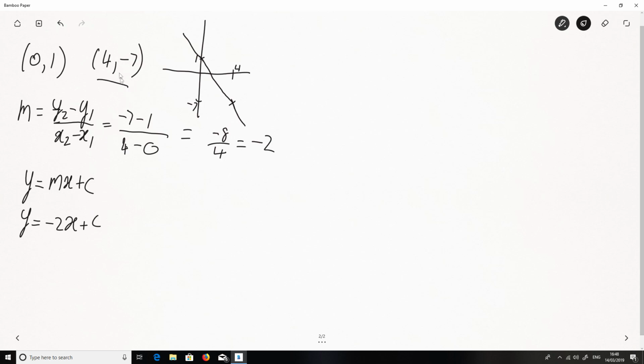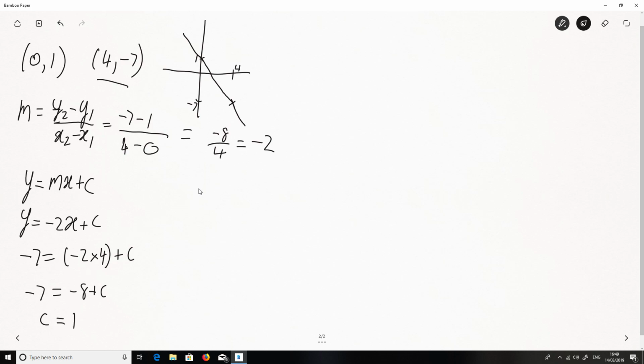So now we'll take this point and substitute it into our equation. So -7 equals -2 times 4 plus c. So -7 equals -8 plus c. And so taken to the side, c equals 1.